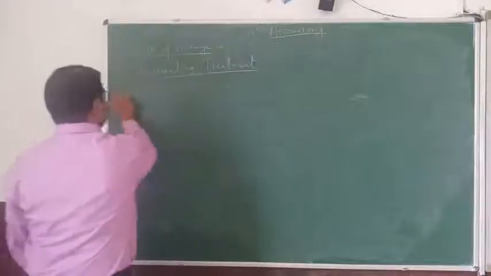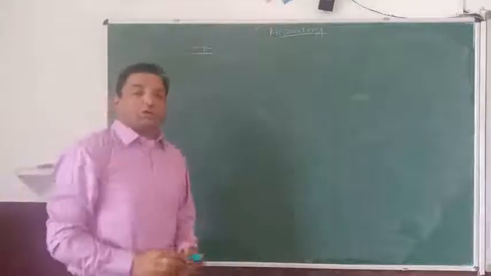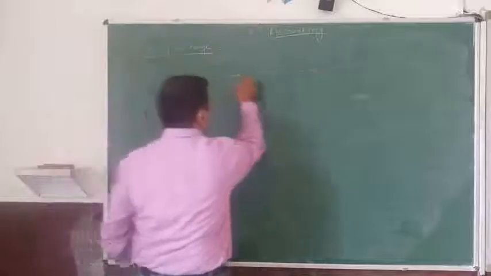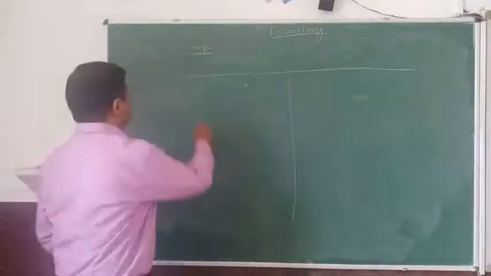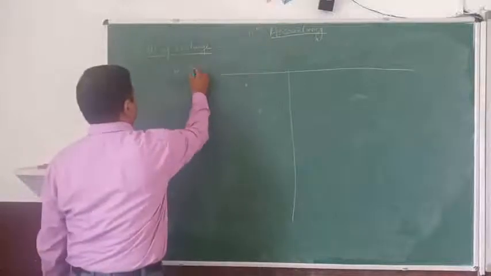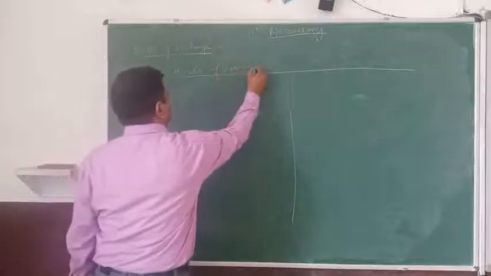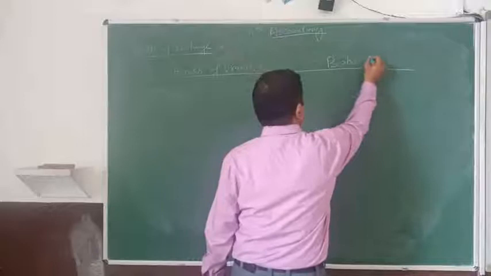The very first is, suppose the bill is retained by the drawer up to due date. So here I have to make the books of drawer, and here is the books of drawer.